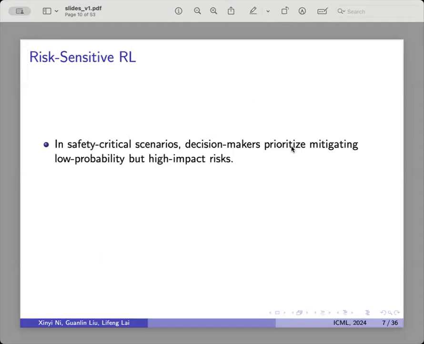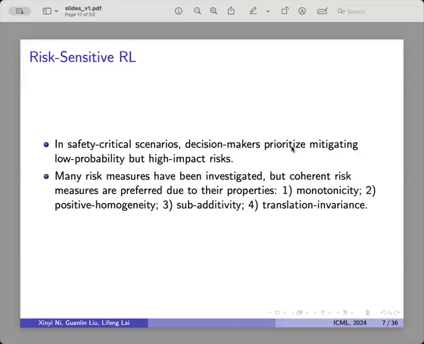In this work, we also consider the scenario of risk-sensitivity. In safety-critical scenarios, decision makers prioritize mitigating low probability but high-impact risks. Many risk measures have been investigated, but coherent risk measures are preferred due to their properties.